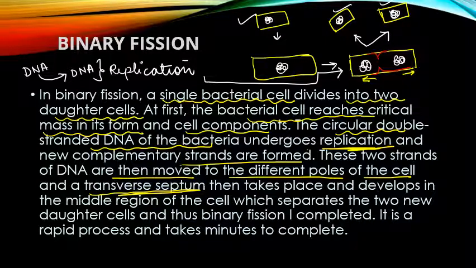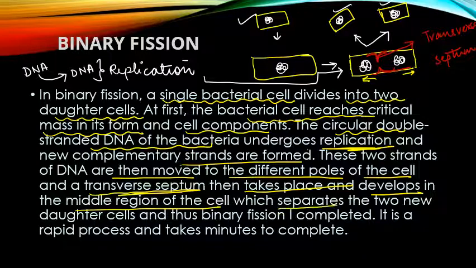This I have highlighted with this brown color. This is what we call the transverse septum. This transverse septum, you can see, then develops in the middle region of the cell, which separates the two new daughter cells, and thus binary fission is completed.